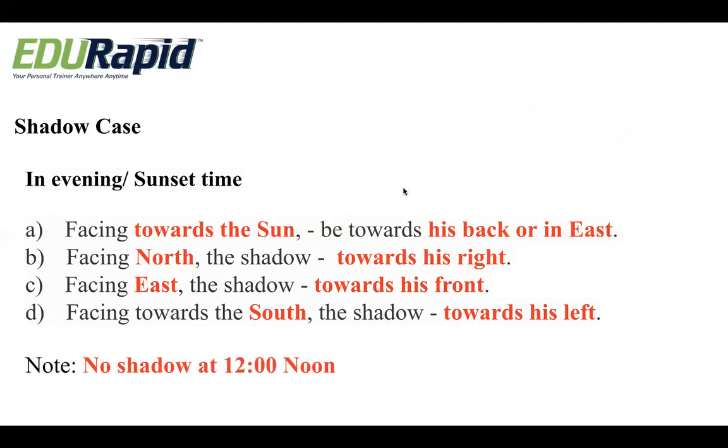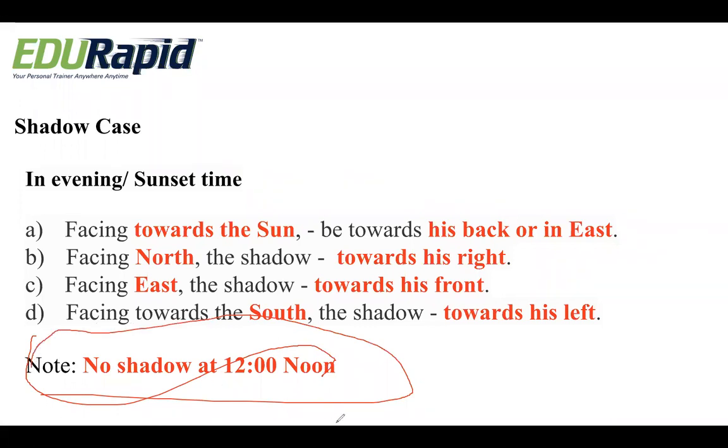So always remember, they might confuse you by giving a time in the question. They will say this happened at 12 in the noon. That means at 12 in the noon there is no shadow. Remember that. This is very important. There is no shadow at 12.